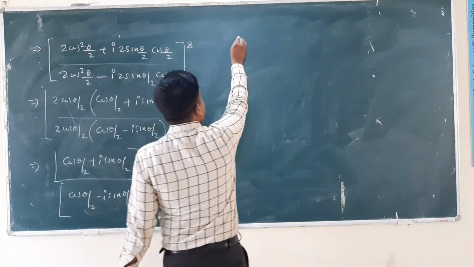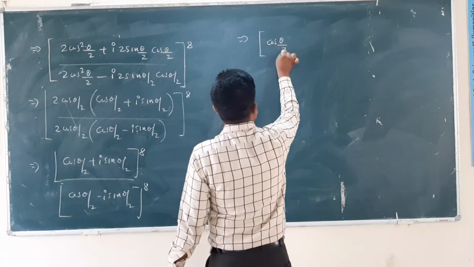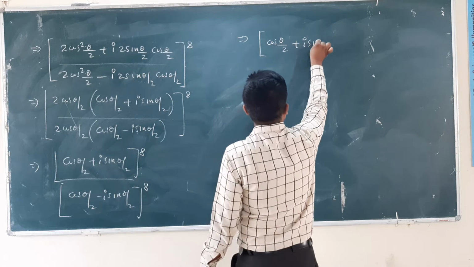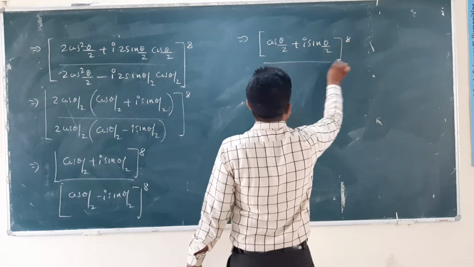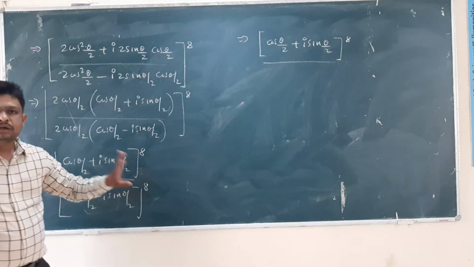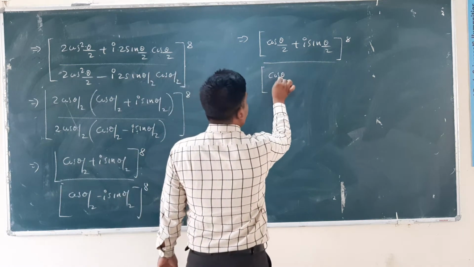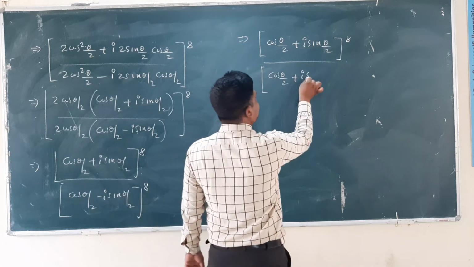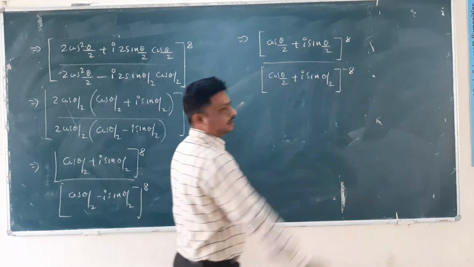Here I will apply De Moivre's theorem. I will take this minus to the power, so this becomes (cos θ/2 + i sin θ/2) to the power of minus 8.